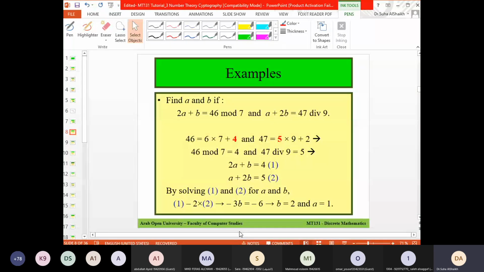Now, there is one more example here. It is kind of long solution thing here. عندنا إن 2A plus B is equal to 46 mod 7.